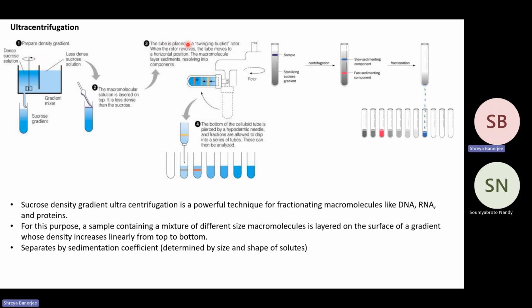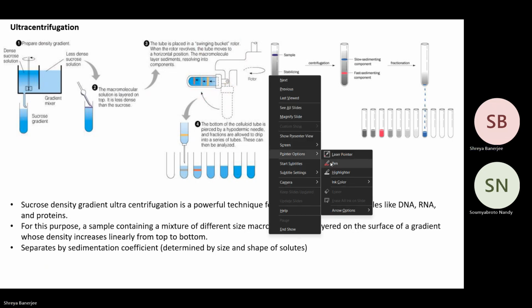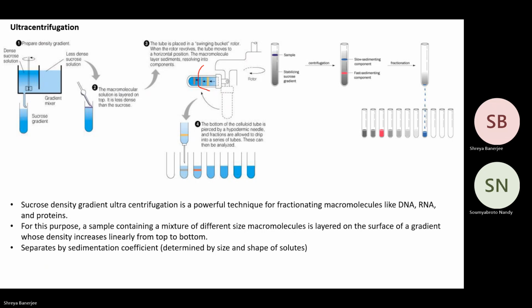Then this tube is placed in a swinging bucket rotor. When the rotor revolves, the tube moves to a horizontal position. The tube was originally vertical, and now the rotor is rotating the tube in this direction, horizontally.